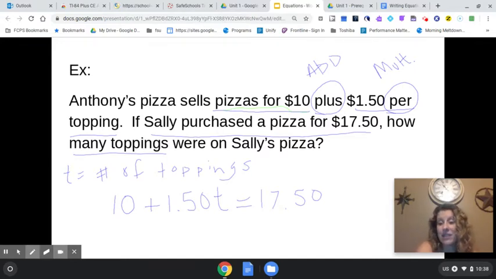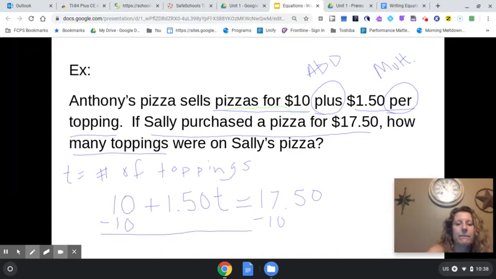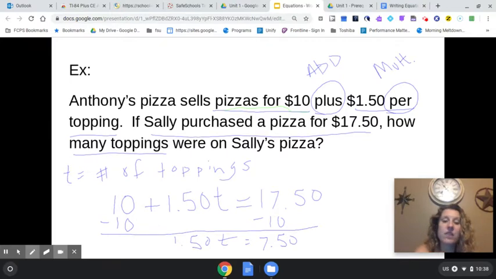So our next step is to just solve it. And we've talked about solving an equation in a previous lesson. So we know inverse operations from here. So let's go ahead and subtract 10 from both sides. I would get $1.50T is equal to 7.50. And then we're going to divide both sides by $1.50.